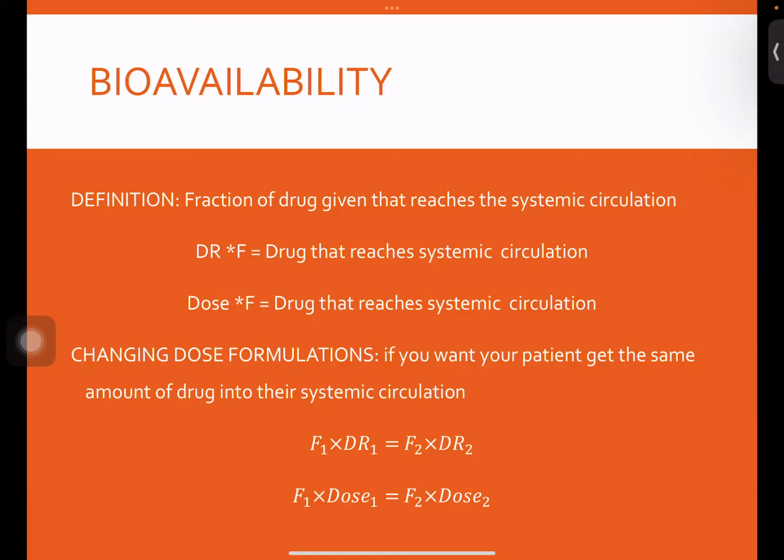But anyway, so we have P-glycoprotein. We also have in your gut wall metabolic enzymes, the same enzymes that are in the liver, found in the gut wall, that will break down drug. Smart too, right?